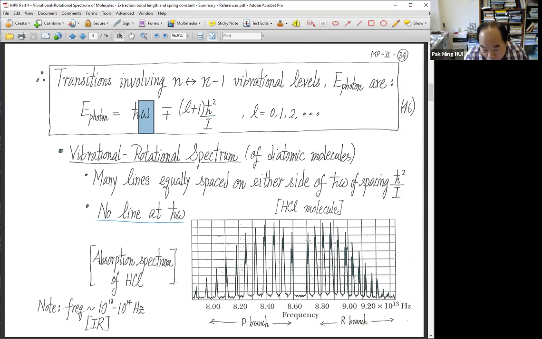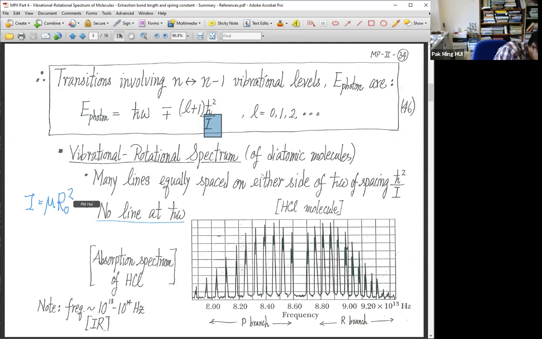And if we read out this equal spacing between adjacent peaks, then we know this thing, okay? Thereby, we can extract the moment of inertia, and the moment of inertia is mu separation squared.